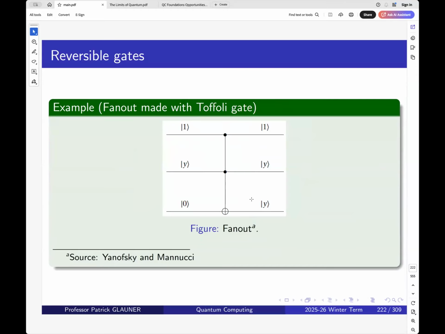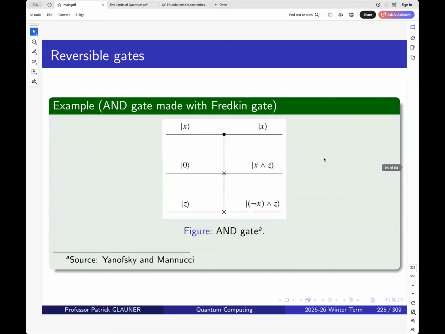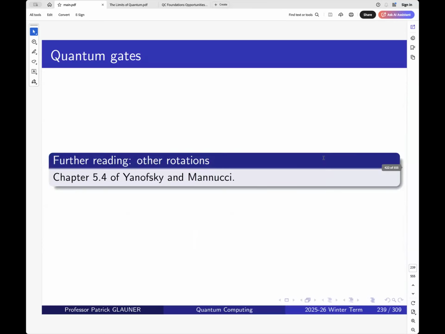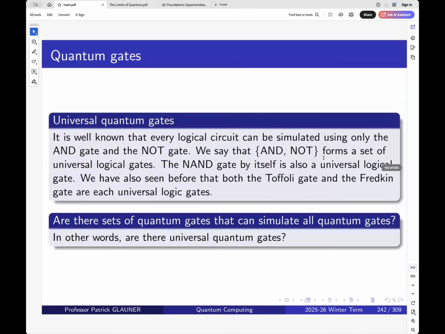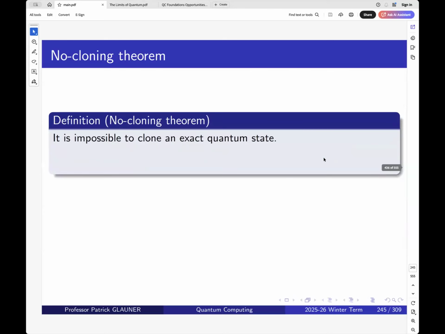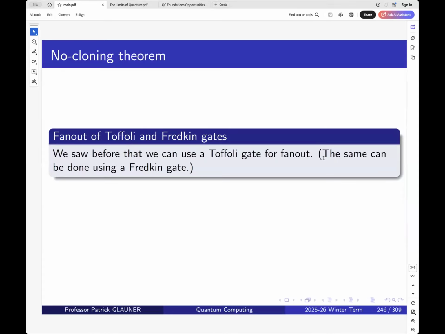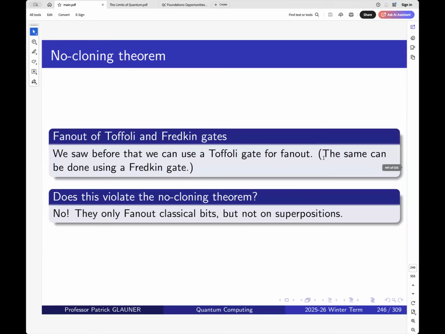This does not work for quantum states, because it would be a violation of the no cloning theorem. So very important that this Toffoli gate here for fan out works for classic values, but not for quantum states. So this fan out that I proposed here last week is actually not a violation of the no cloning theorem.